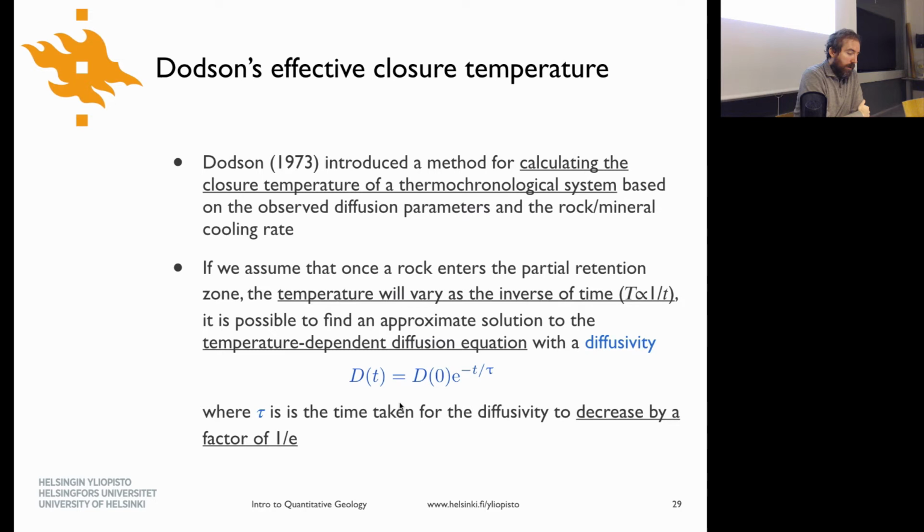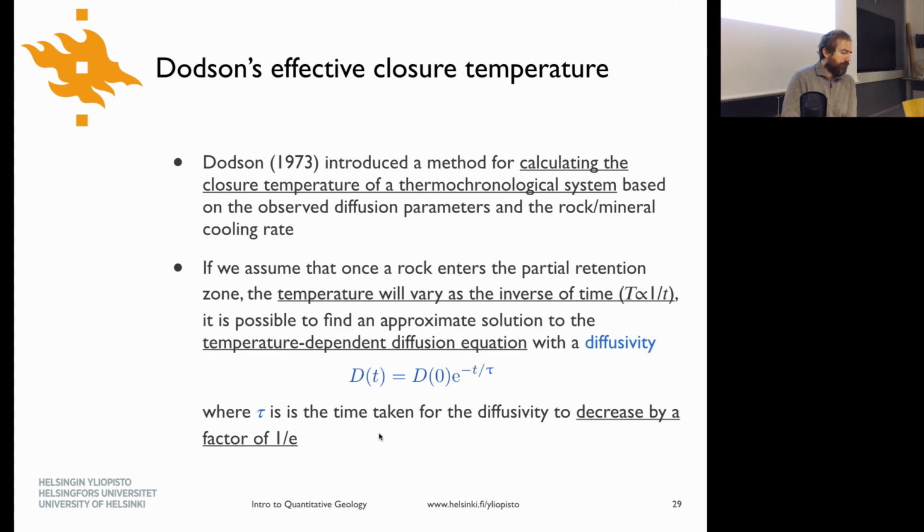You'll see it in the exercise as well, but basically here you can say that the diffusion constant as a function of time is equal to the diffusion at time 0 times e to the minus t over tau. And tau is some time that's taken for the diffusivity to decrease by a factor of 1 over e.